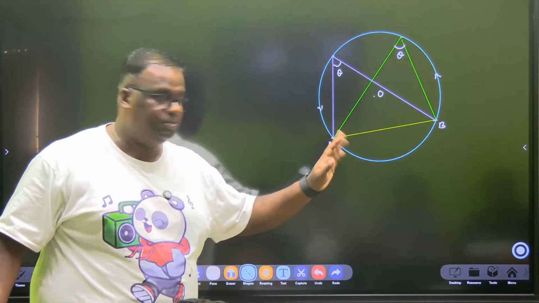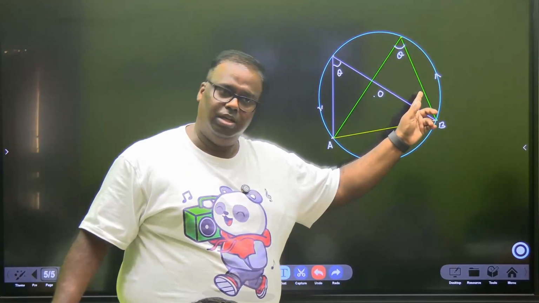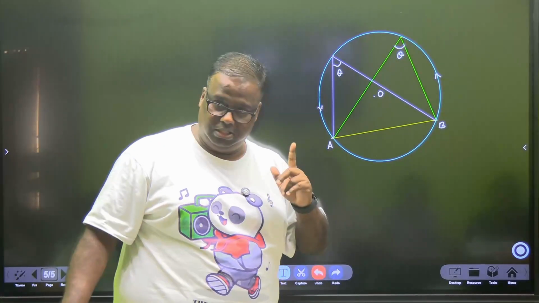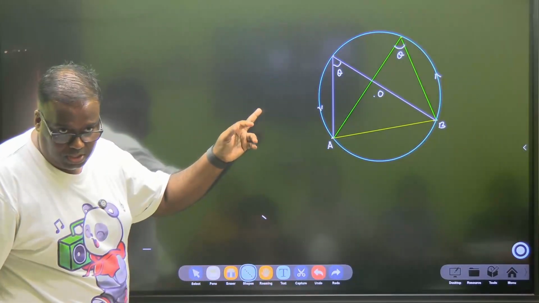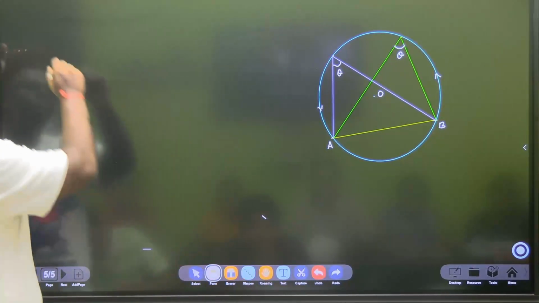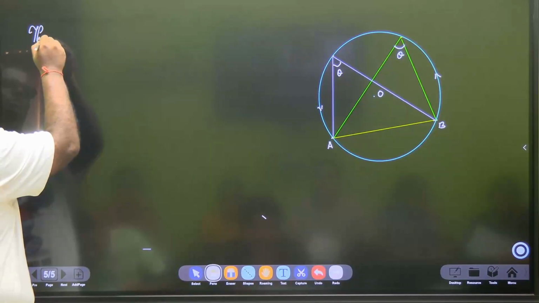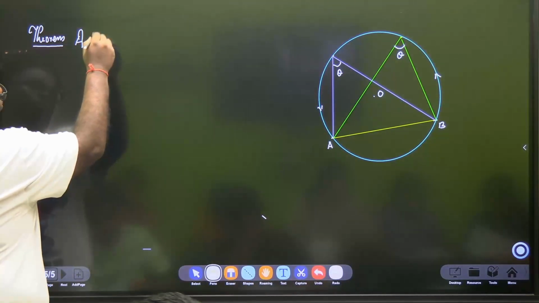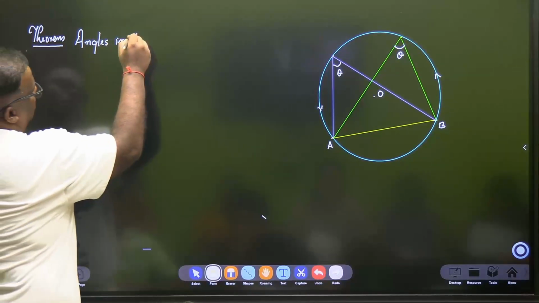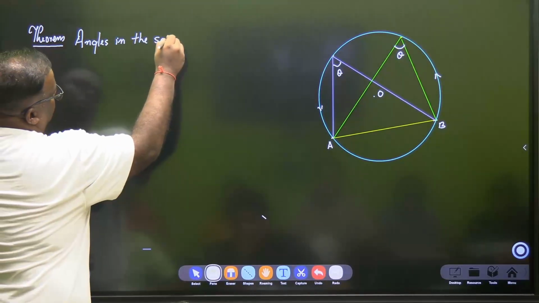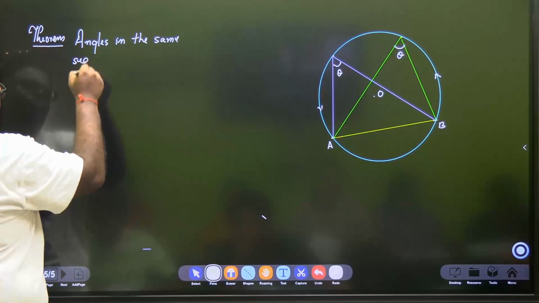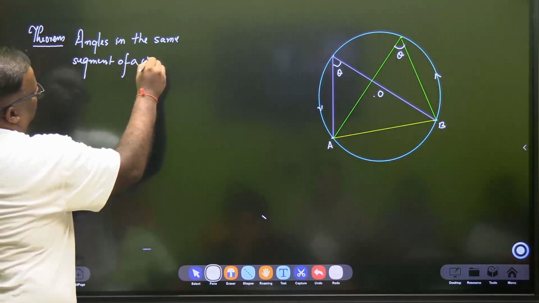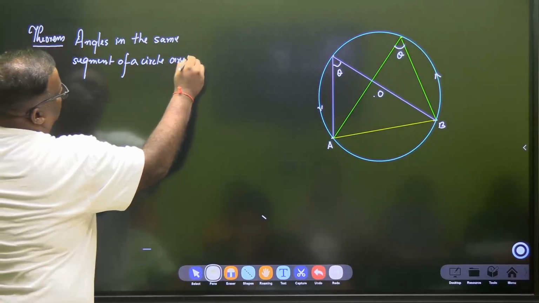Is this clear? This is theta, this is theta. Understood? If I had taken another point also, that would also have been theta. Does this give you the shape of a trouser? Yes. So the theorem that comes up here is: angles in the same segment of a circle are equal.